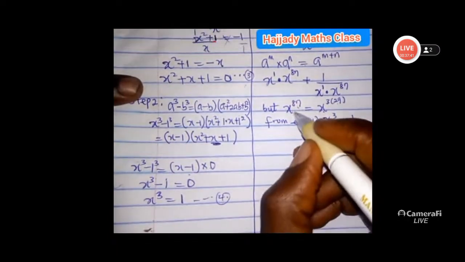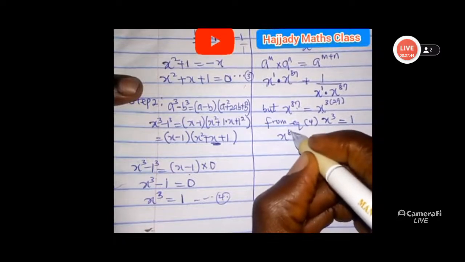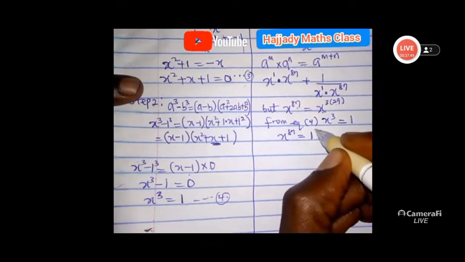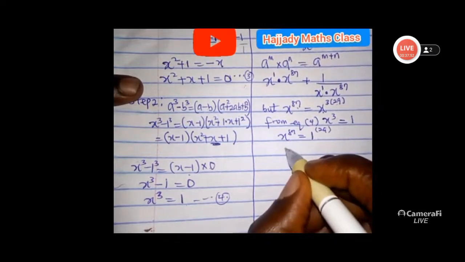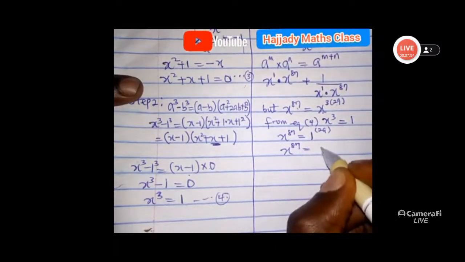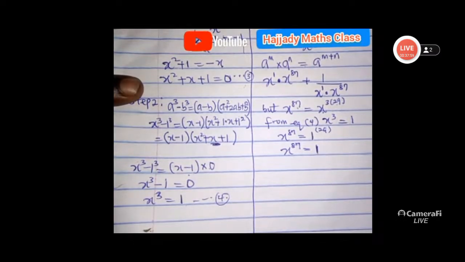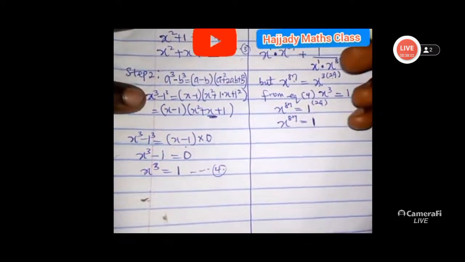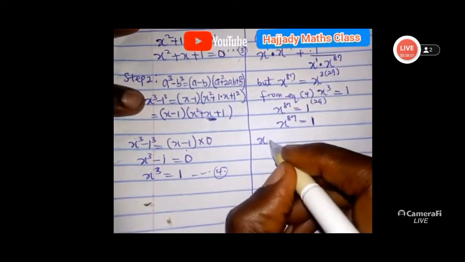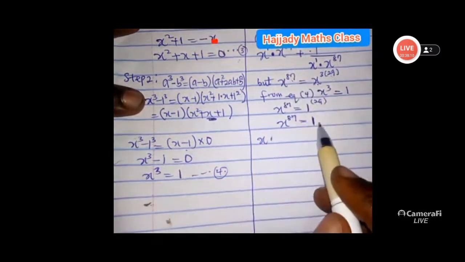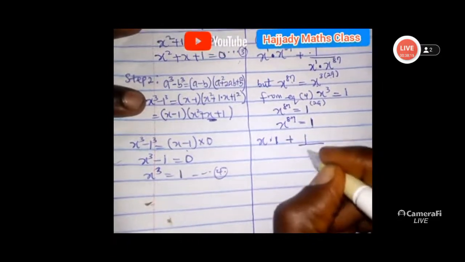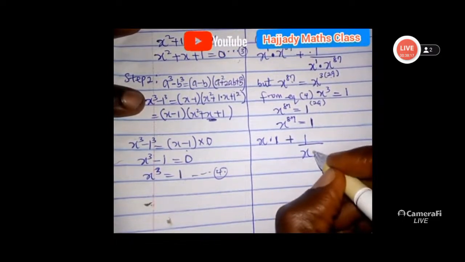So s raised to power 87 is the same as 1 raised to power 29, which equals 1. More importantly, coming back to this equation, we have s raised to power 1 times s raised to power 87, which is now 1 times 1, plus 1 over s times 1.